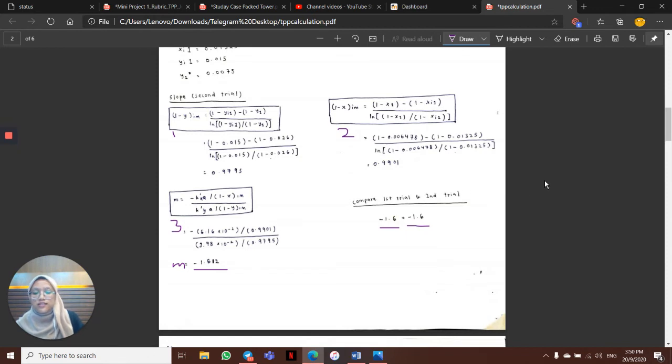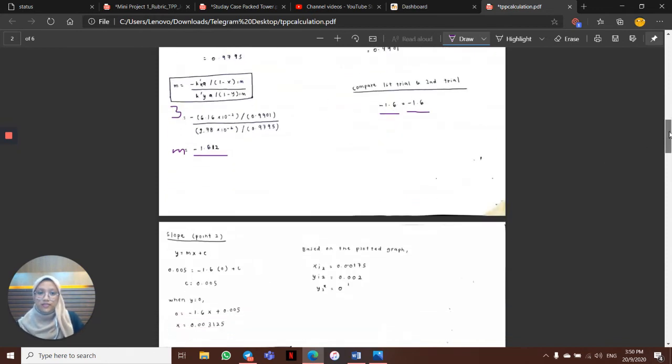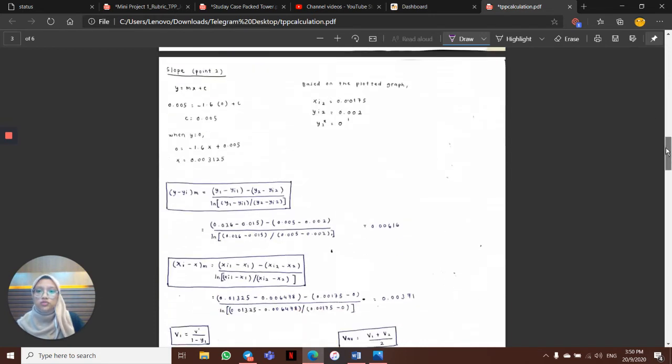So the first trial and the second trial are the same, which shows that they are accurate.